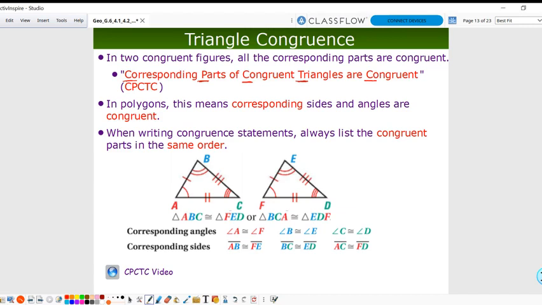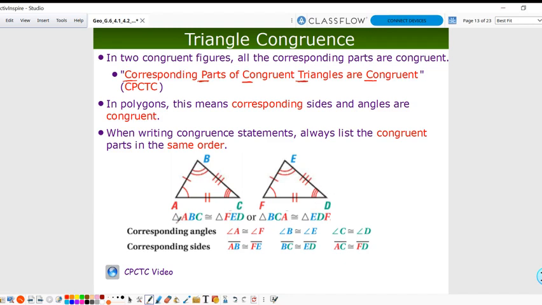We have to be very careful about how we name a triangle, and when we name a triangle and compare it to another, we should be listing the triangle in the same order. Therefore, angles will be listed in congruent pairs, and sides will be congruent. So for example, here I have all these markings, so I can see angle A has 1 arc, so does angle F. Angle B has 2, E has 2, C has 3, and D has 3.